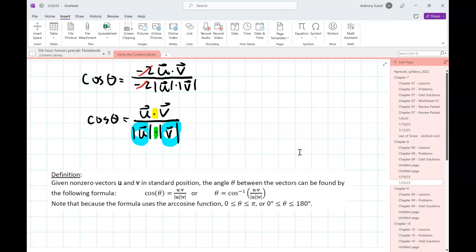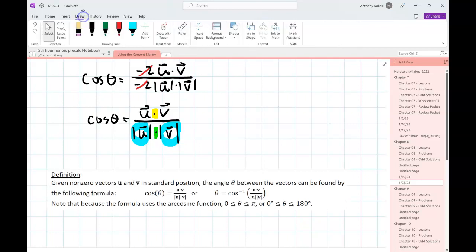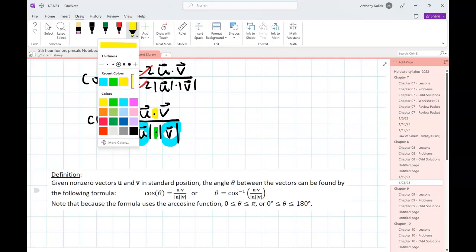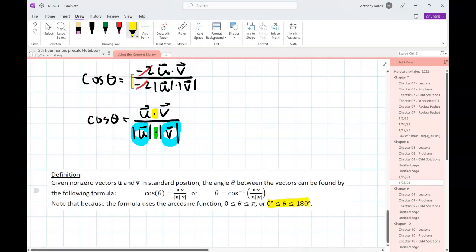Or if you'd prefer theta by itself, you can do the cosine inverse to both sides. Now keep in mind, the output for cosine inverse is 0 to 180, right?